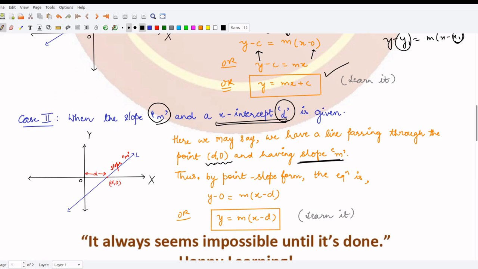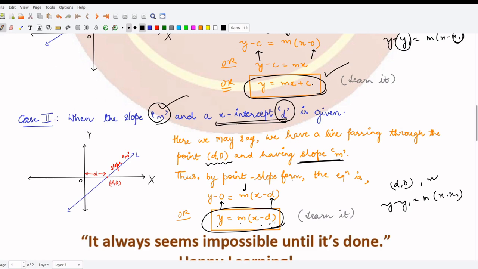So using again the point slope form, the point is (d, 0) and the slope is m, and we have the equation form as y minus y1 is equal to m(x minus x1). So putting the values of these three terms, we get y is equal to m(x minus d). So this is the equation when x-intercept along with the slope is given to us. So again, we have to remember both of these equations as formulas.